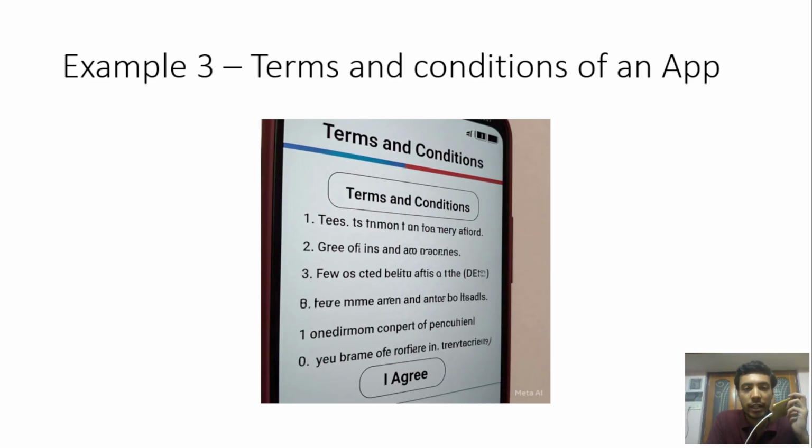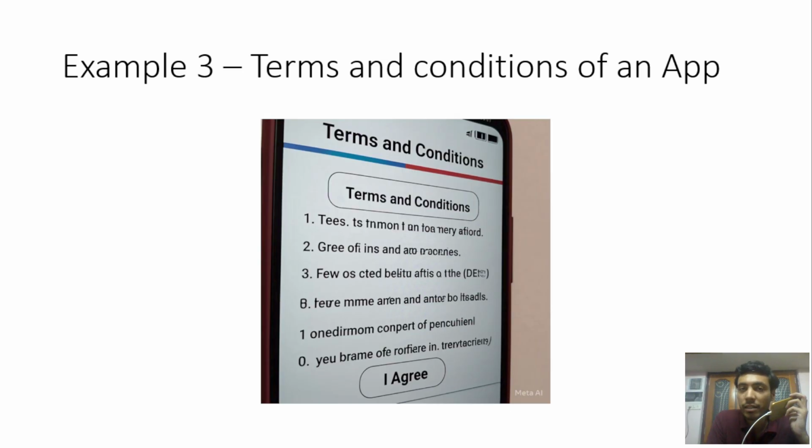Now the third type of contract is contracts in electronic form, e-contracts. In our daily lives, we install many apps and games. We see the terms and conditions written there, and the moment you click on I agree, you are bound by the contract and the terms and conditions written there, whether you have read them or not.